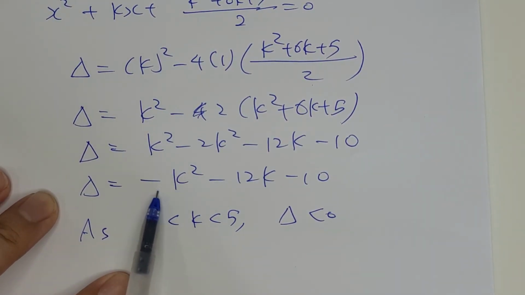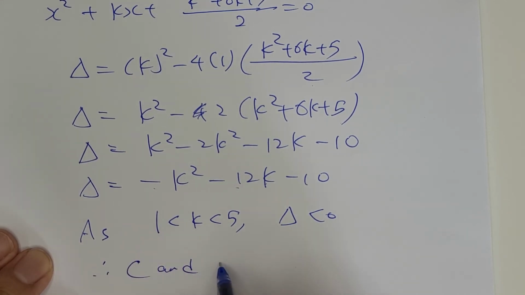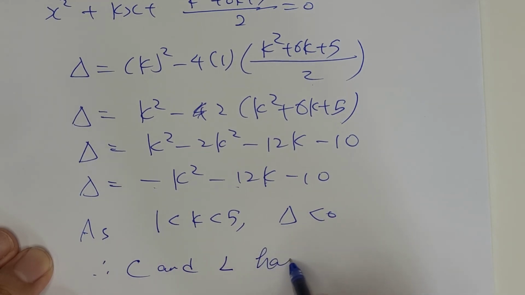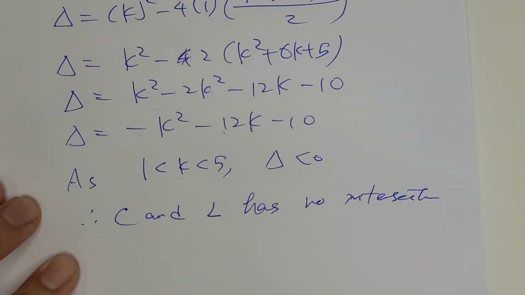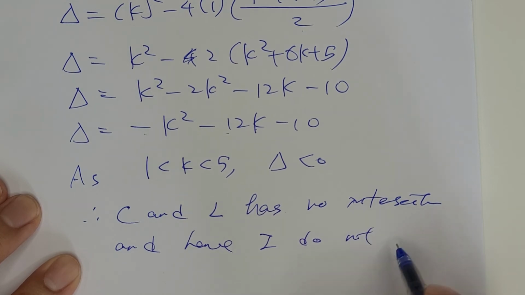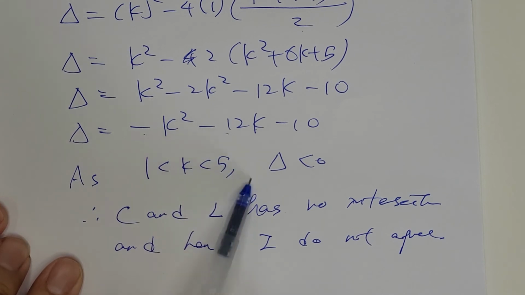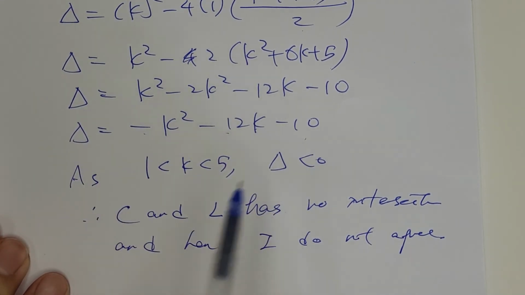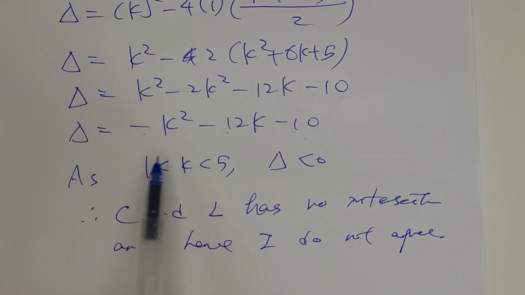So because this is positive, so take the negative, it's all negative. Therefore, C and L have no intersection, and hence I do not agree. Okay, because when k lie between +1 to +5, discriminant must be less than 0. So these two will not intersect within this range. Okay.